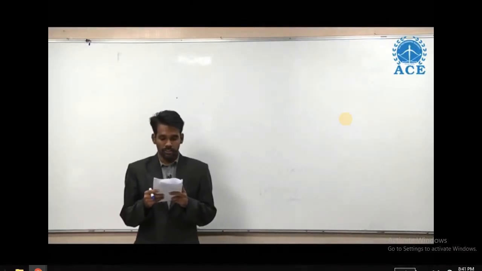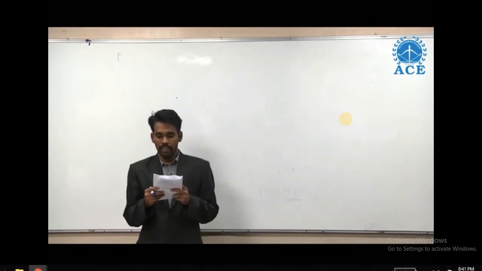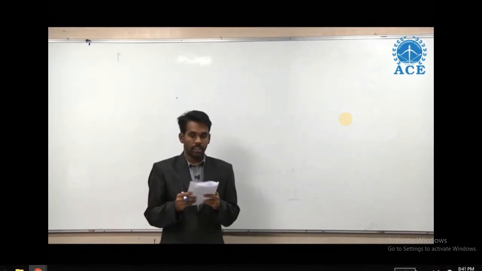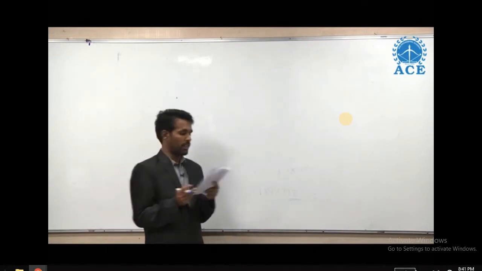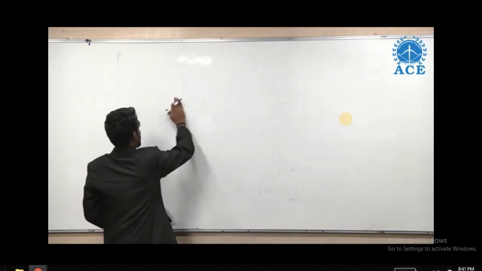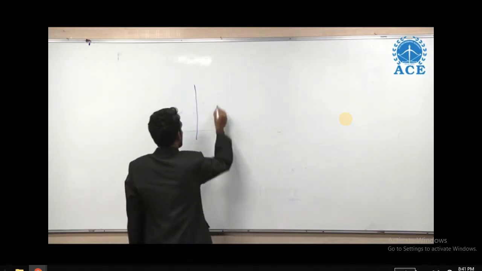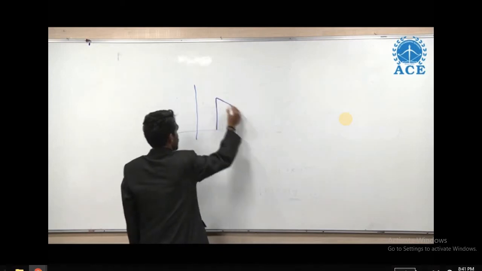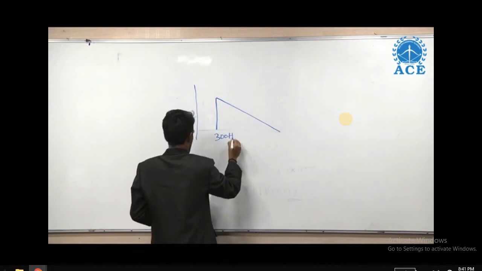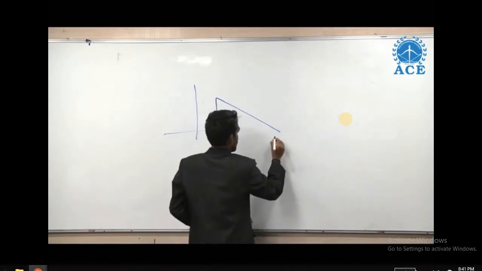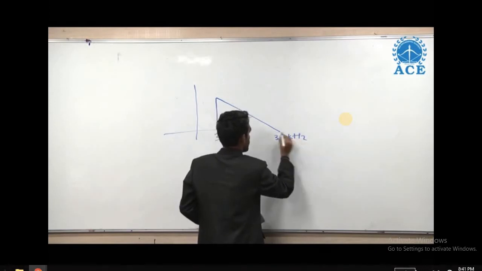Consider a telephone quality speech signal, find the width of the frequency having null values. Here he clearly mentioned this is a telephone quality speech signal. So we know that the telephone signal frequency spectrum is from 300 Hz to approximately 3.5 kilohertz.